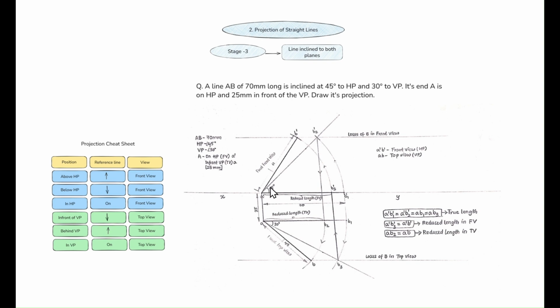See, you take the true length distance A dash to B1 dash, place the compass and cut the 45-degree angle line. In a similar way, you will do it for the 30-degree angle.